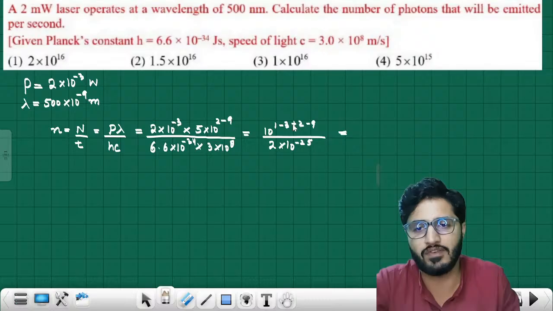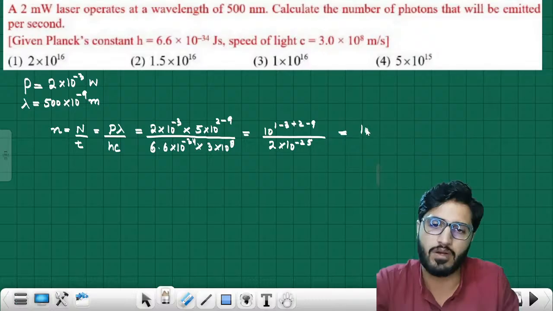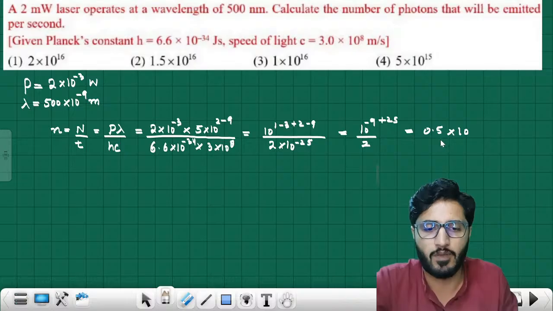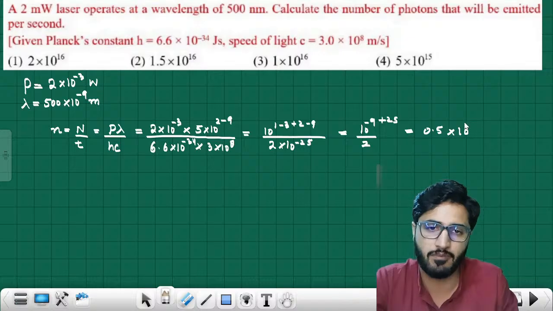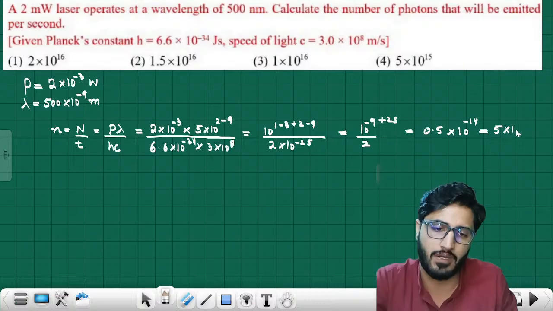We are having 9 now, 10 to the power minus 9. Then it is plus 25, divided by 2. 1 by 2 is 0.5. I will write 0.5 multiplied by 10 to the power 25 minus 9, which is 16. Sorry, 25 minus 9 is 16. Or I will write it as 5 into 10 to the power plus 15.